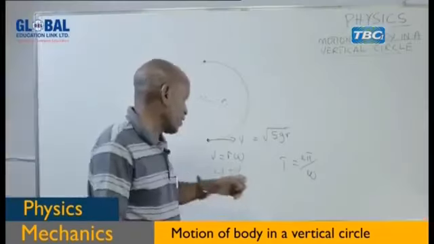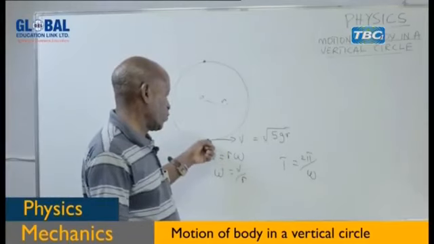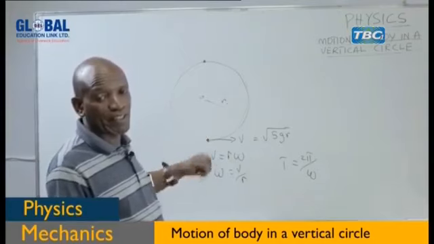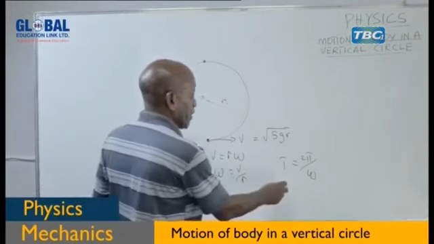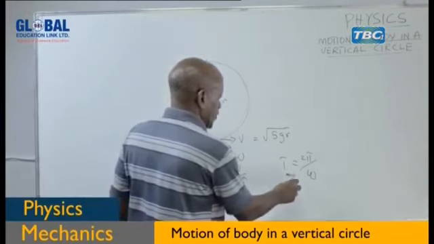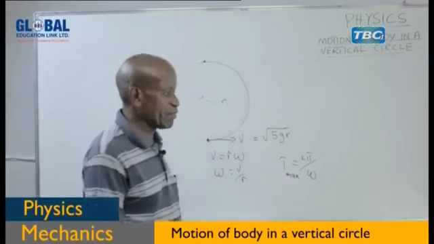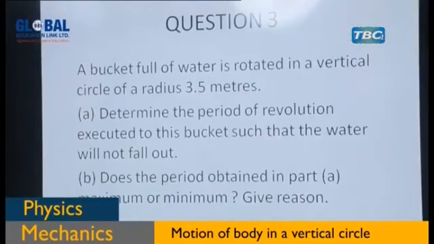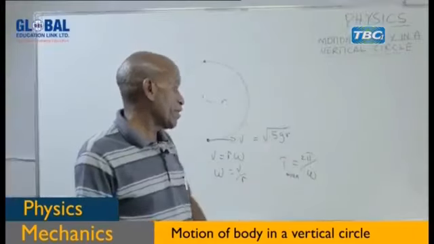And as long as you have obtained this period by using the minimum velocity at which the bucket passes at the lowest point, this will be the maximum. So for part B, the period obtained in part A will be the maximum period.